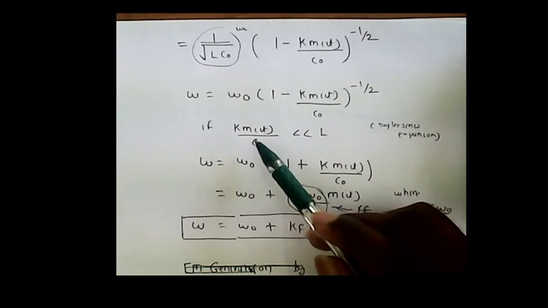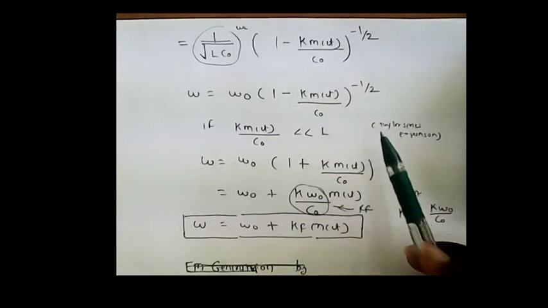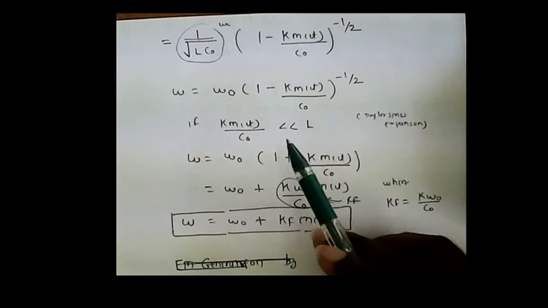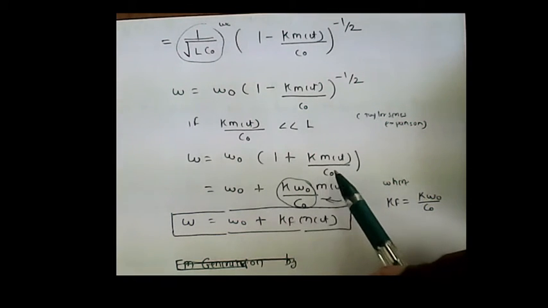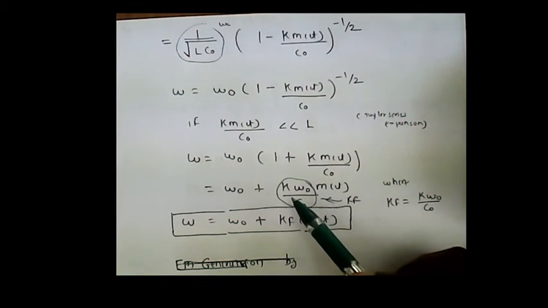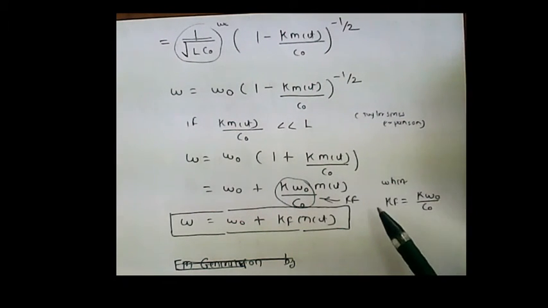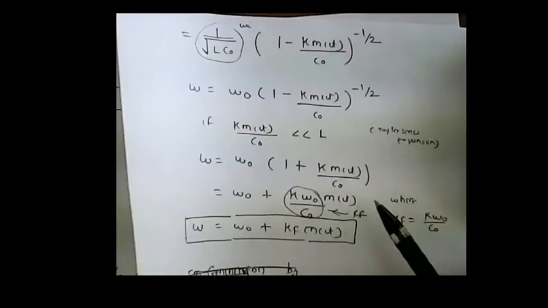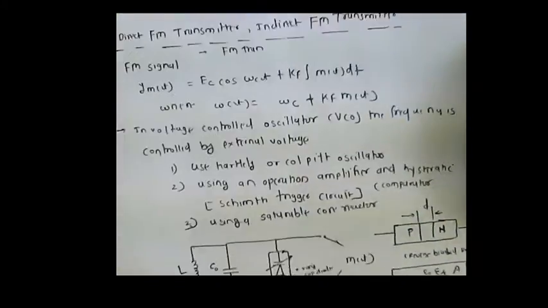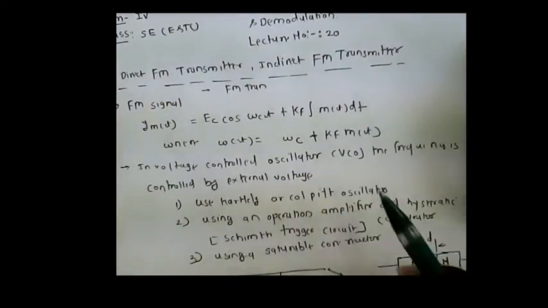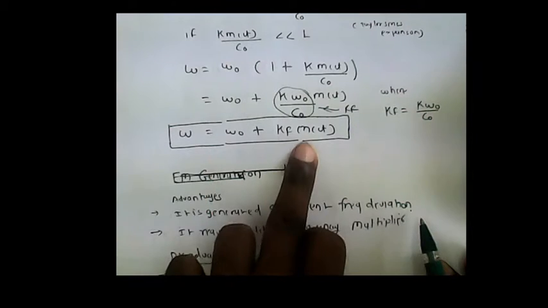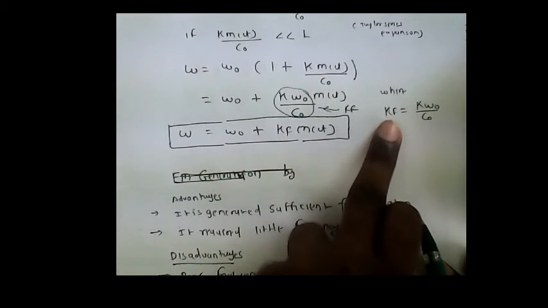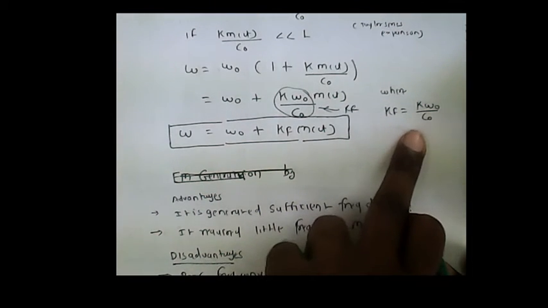If K m(t) divided by C0 is less than 1, then expanding this equation according to the Taylor series, we get omega equal to omega0 times (1 minus K m(t) divided by 2C0). If we compare this with equation number 1, the final frequency, we see the final frequency of the FM modulation is omega0 plus kf m(t), where kf is the frequency sensitivity given by K omega0 divided by 2C0.